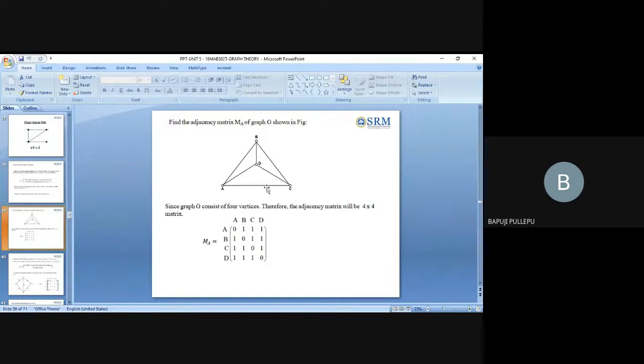A to C, the edge is there, so AC is 1. AD is also 1. Then BA: because this is an undirected graph, you can travel in any direction. I told you, direction means a directed graph, where direction matters. B to A, is the edge there or not?